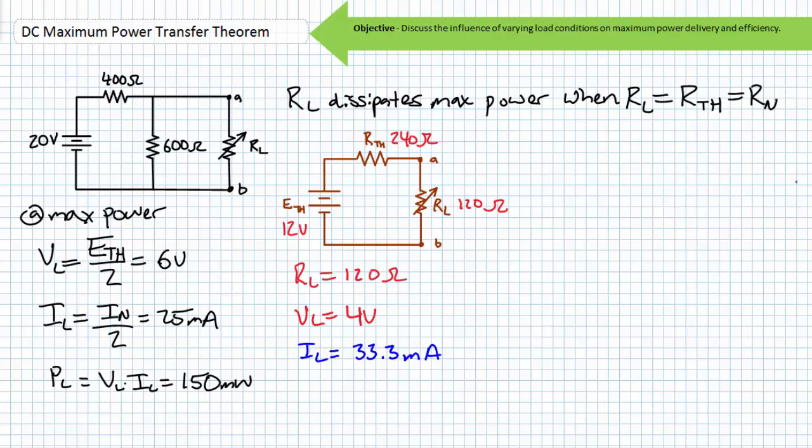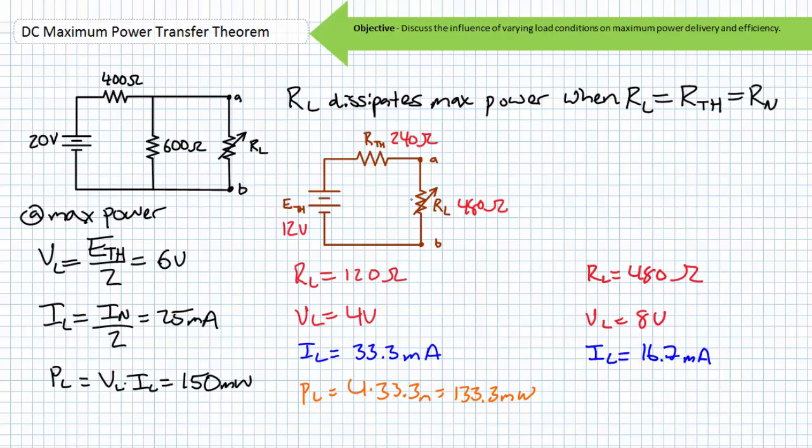At these conditions, RL, being a smaller resistance, draws more current at 33.3 milliamperes, however drops less voltage at 4 volts, and therefore dissipates less power at 133.3 milliwatts. I'll switch tactics and crank RL up to 480 ohms, or twice the Thevenin's equivalent resistance.